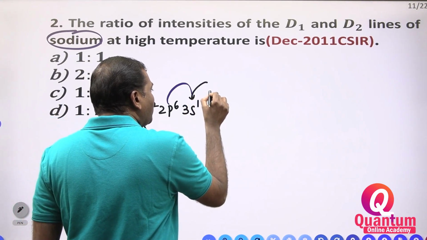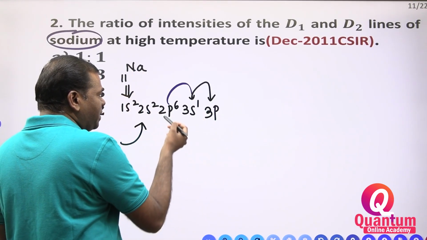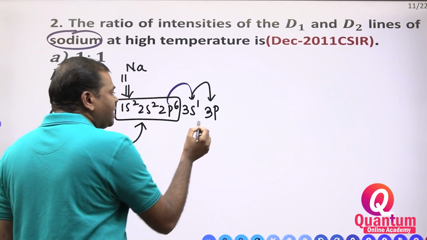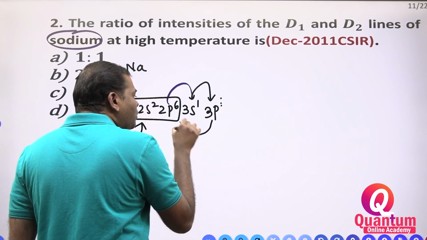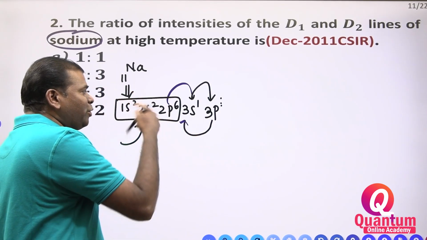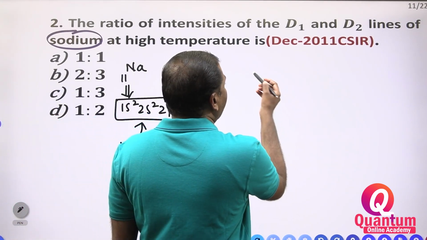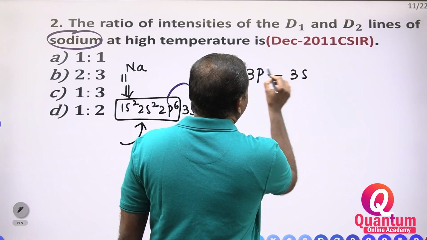This electron is ready to come back to the ground state, so there is a transition. Which transition? That is the 3p to 3s transition.